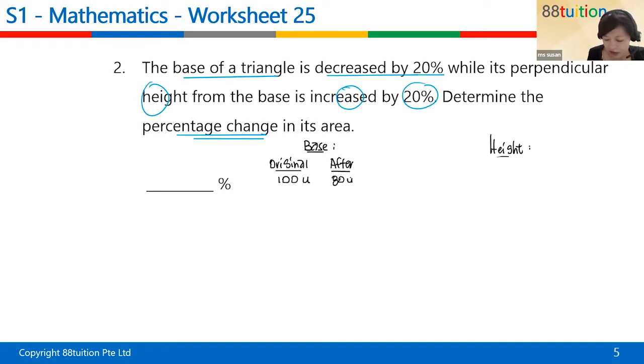So this is the new unit that I'm looking for. Also the same for the height. What is the original? It's always 100 units. Then what is the after? They say the height is increased by 20%, so it will be 120 units.